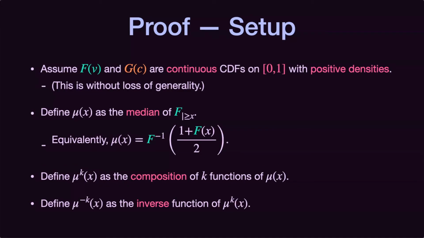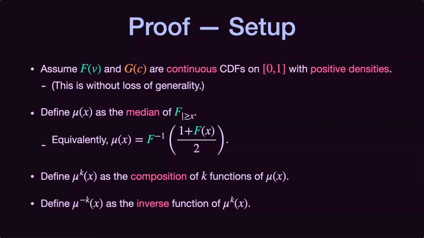Now we delve into our proof. We assume the distributions F and G are continuous distributions supported on a bounded interval of [0, 1] with positive densities everywhere in order to simplify the presentation. We point out that this is without loss of generality, and our result holds for general distributions.